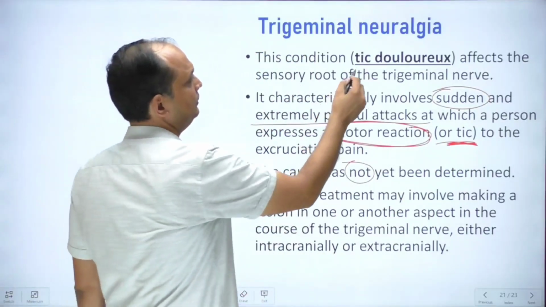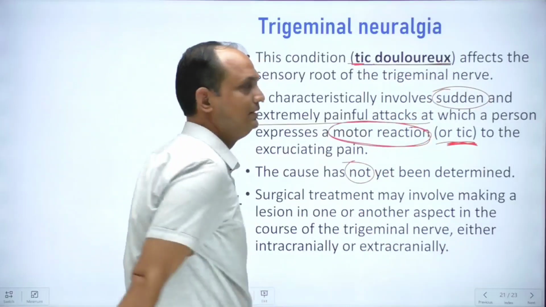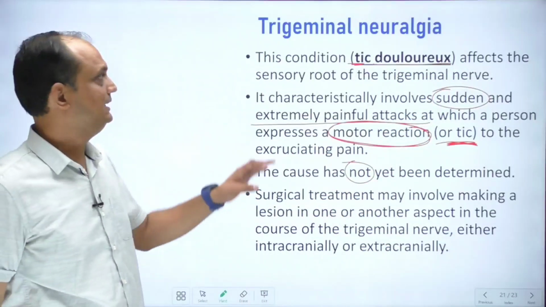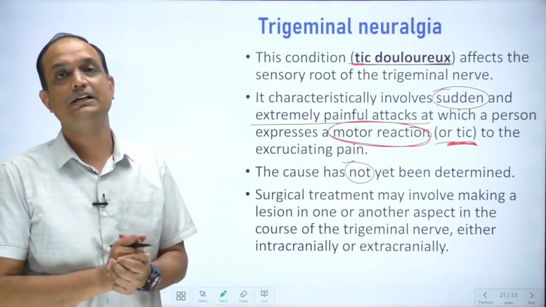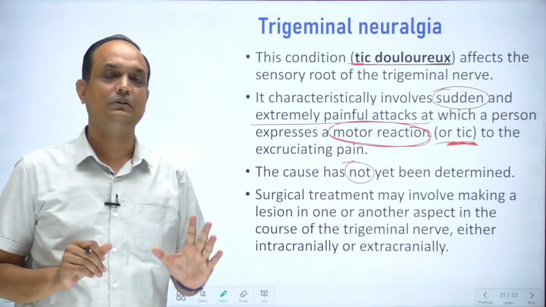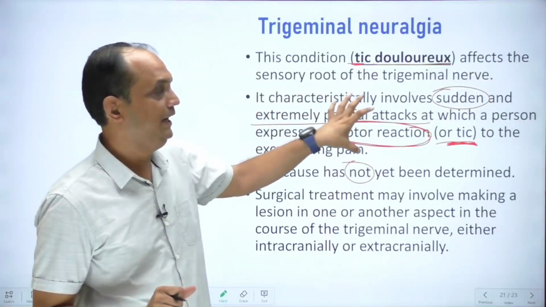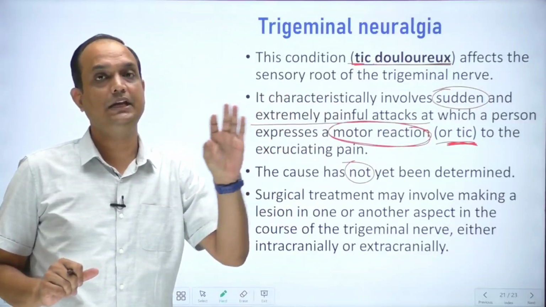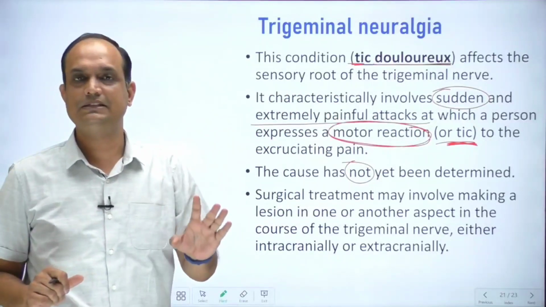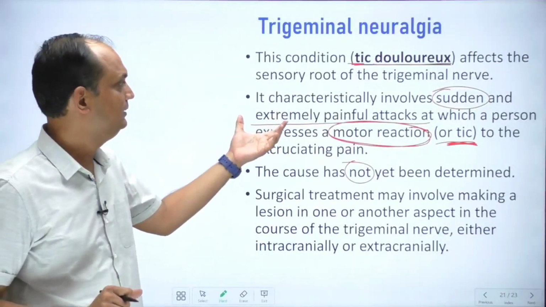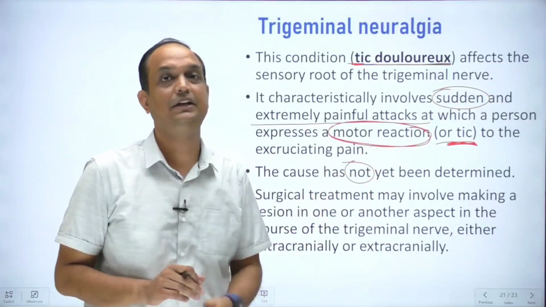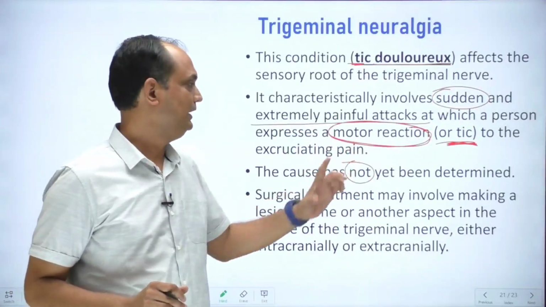That's why it is also known as tic douloureux. Clear? So you have to understand that trigeminal neuralgia has an unknown cause. There is a severe or sudden pain in the area of trigeminal sensory supply, and in response the patient is having tic or motor reaction.